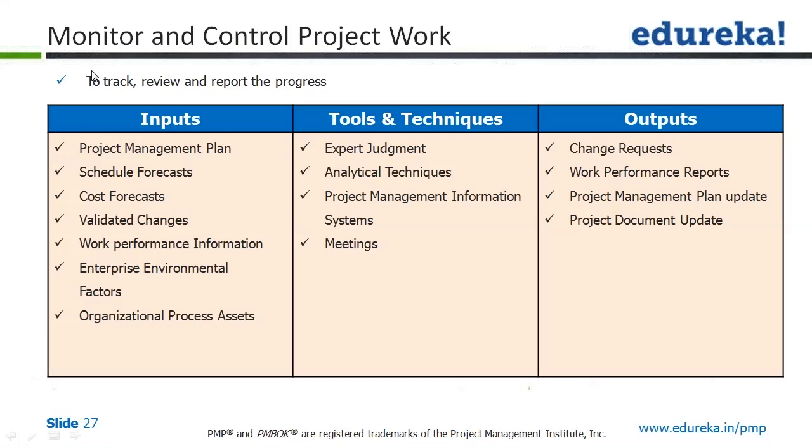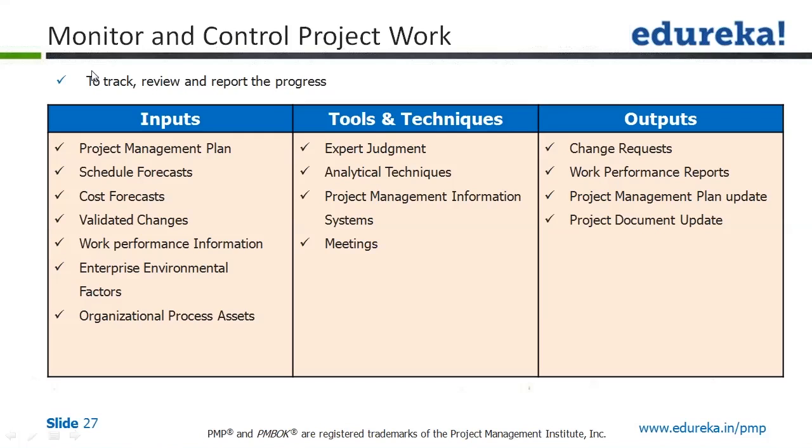Validated changes come in from the previous process, along with work performance information. And the last two, which you are already familiar with, are enterprise environmental factors and organization process assets. So EEF and OPA are the inputs to this process.